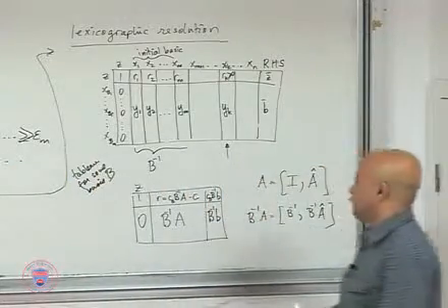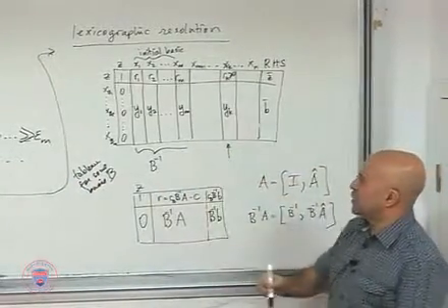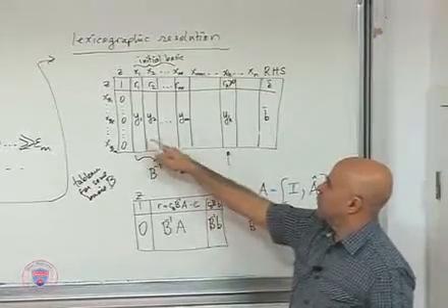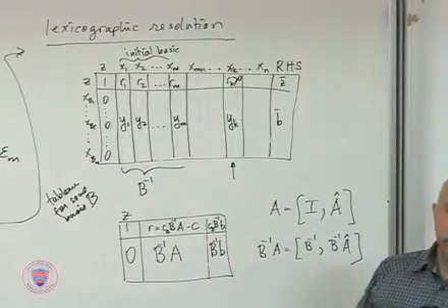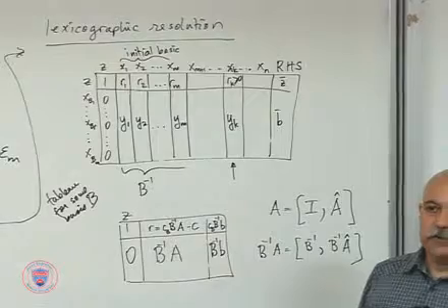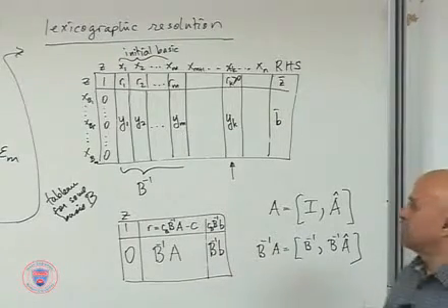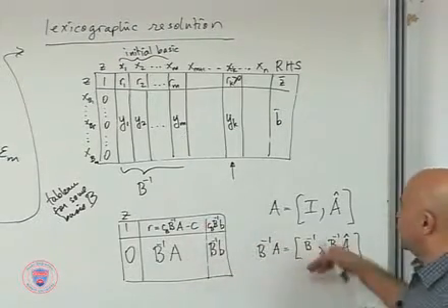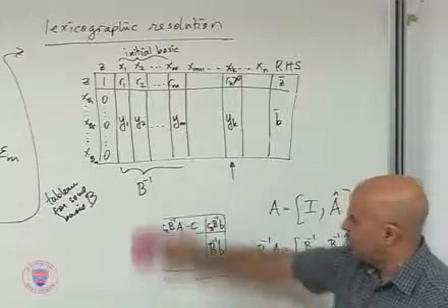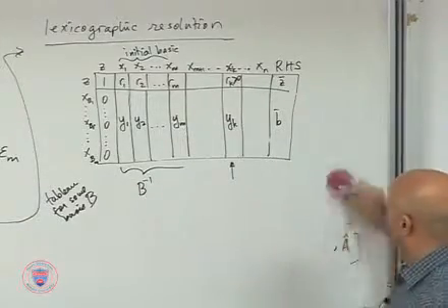Now what do we do with these columns? I separated out these columns because we're going to use those columns for tie breaking. Okay? So I'm going to erase this stuff. This was just side information for you. Let me erase that.